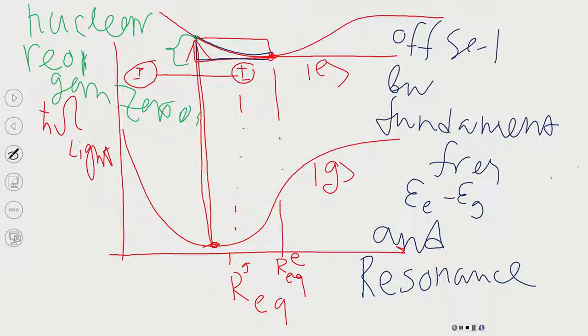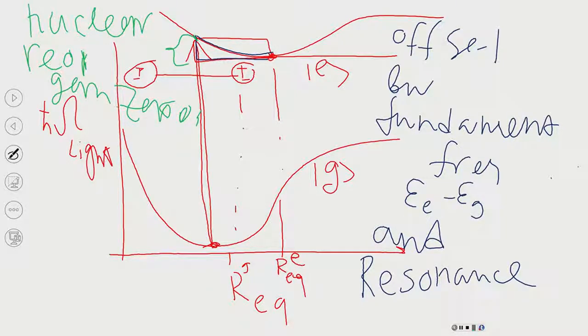Okay? So if you excite the molecule from ground to excited state, forces between nuclei change. And the first consequence is that the equilibrium position is likely expected to change. So G stands for ground. Ground, excited.